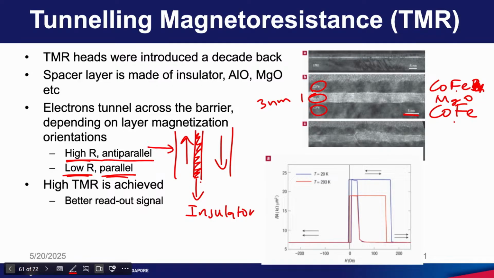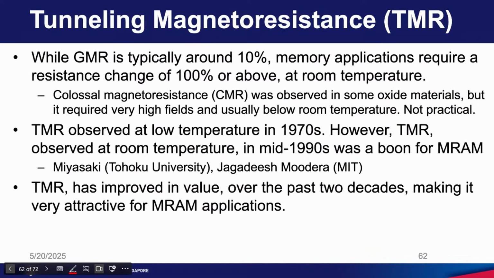Okay. So, this is basically a simple explanation of tunneling magnetoresistance, and the significance of tunneling magnetoresistance comes into the picture because of its larger values. So, we learnt that GMR is high compared to AMR. Anisotropic magnetoresistance is typically 2%.